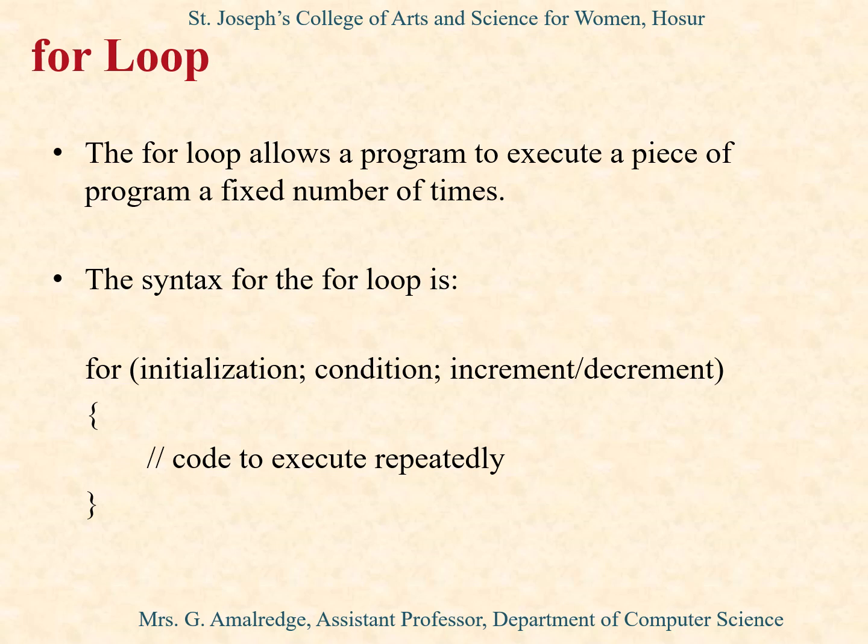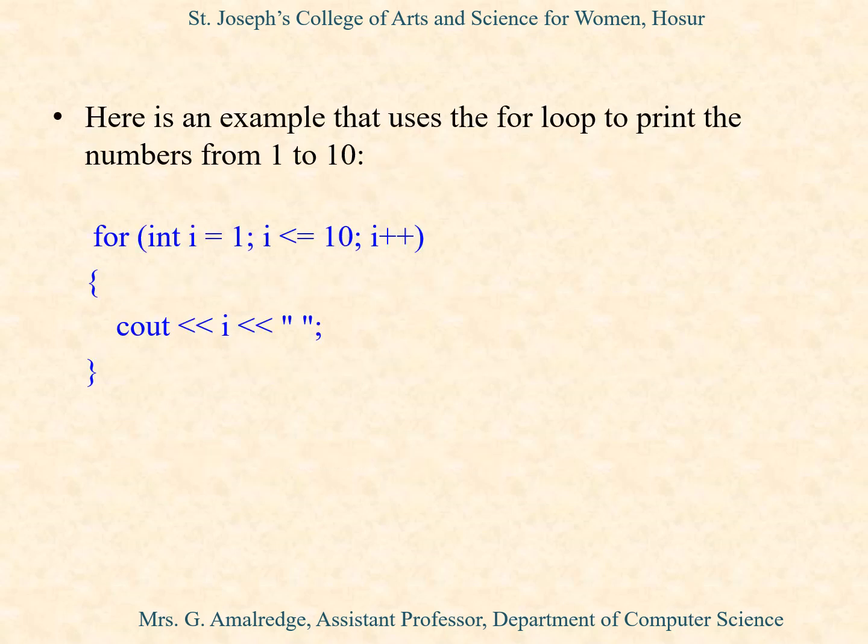For loop. For loop allows a program to execute a piece of program a fixed number of times. This is the syntax for the for loop. In this for loop, the code will execute repeatedly with the help of these three operations. One is initialization, the second one is condition, and the third one is increment or decrement of the value of the variable. This is the example for loop.